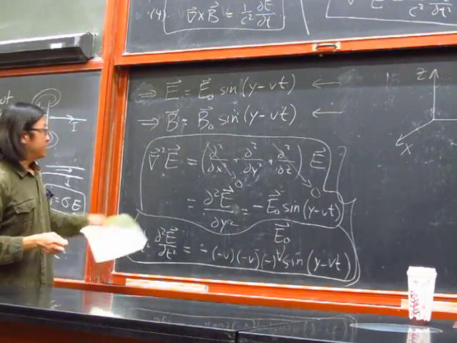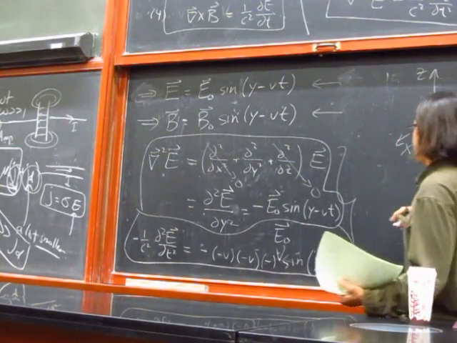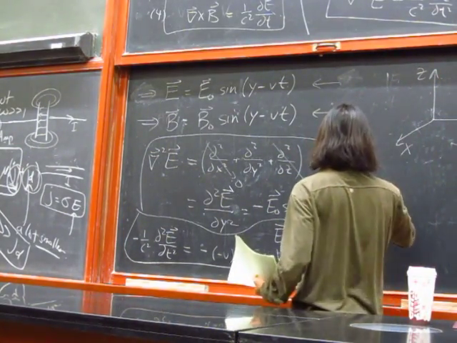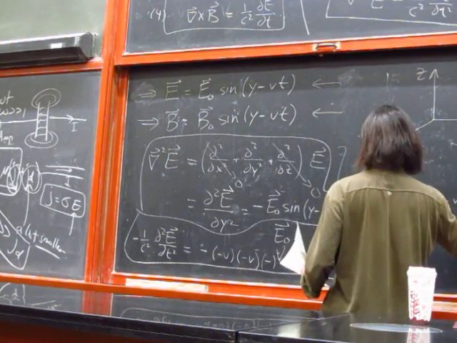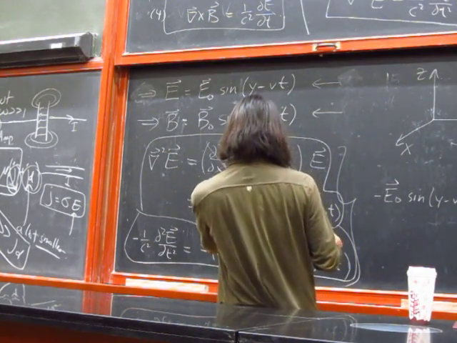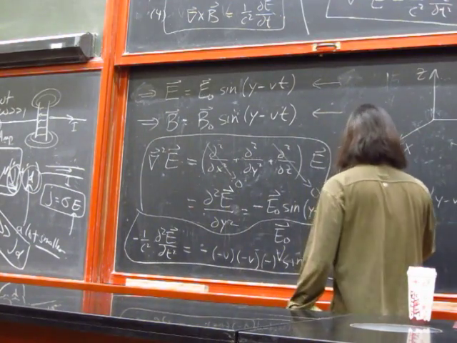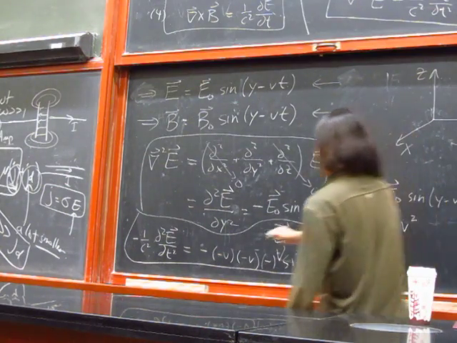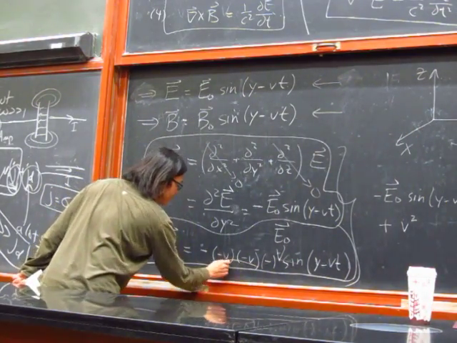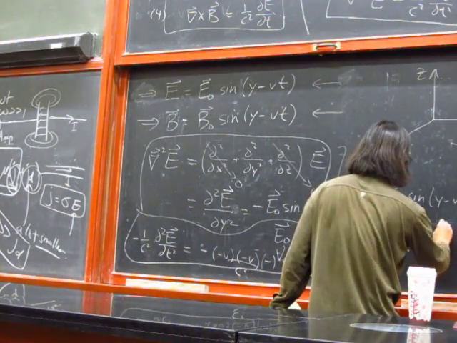The sum of the two has to be equal to 0. So minus E naught sine (y minus vt) plus v squared over c squared, E naught sine (y minus vt), has to be equal to 0.